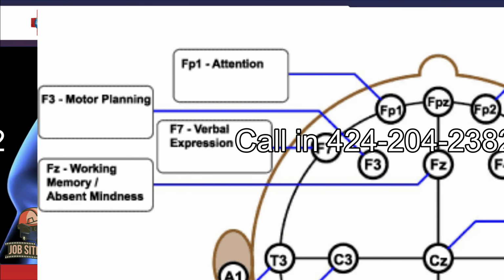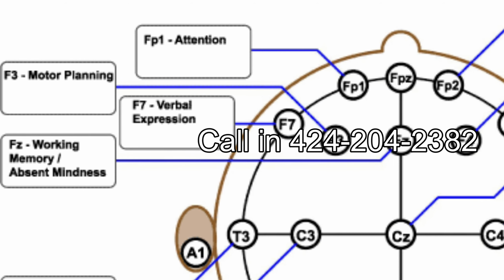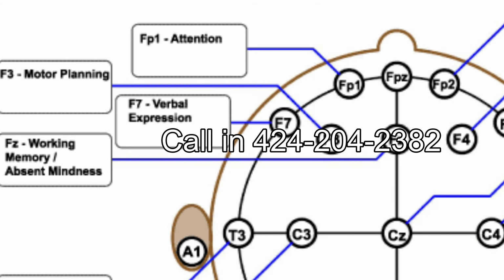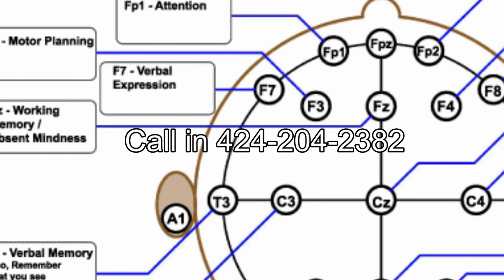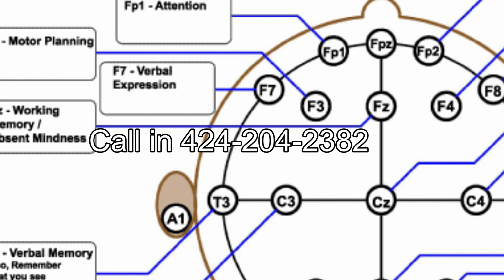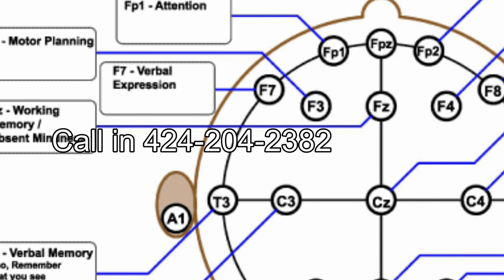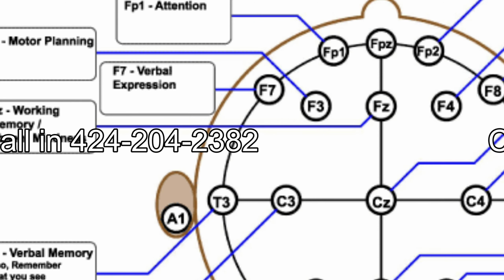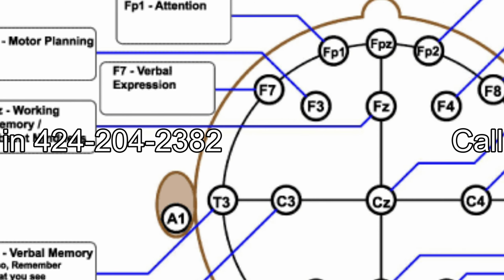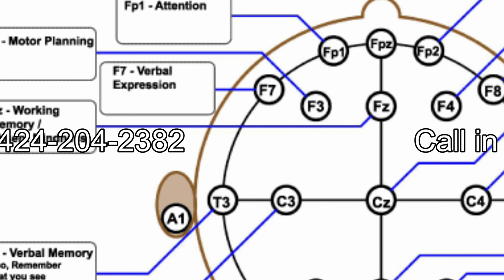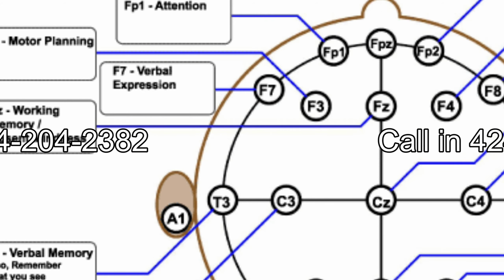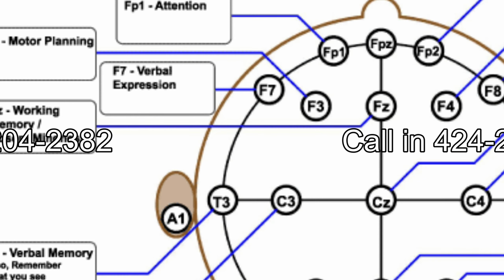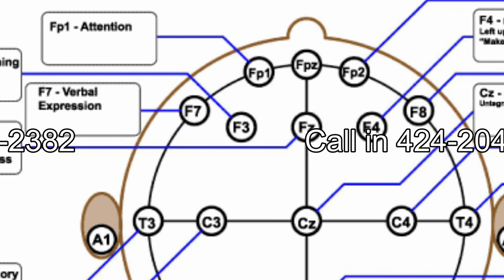F3 is motor planning. Now I'm going to tell you something about motor planning, and you can see F3 would be right behind, right on the top of the forehead. I'm going to show you my camera in a minute so I can point out where F3 is, because F3 is a location that I like to train very frequently. F3 is what I call the procrastination spot.